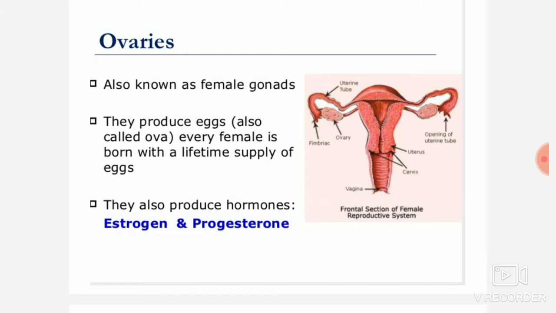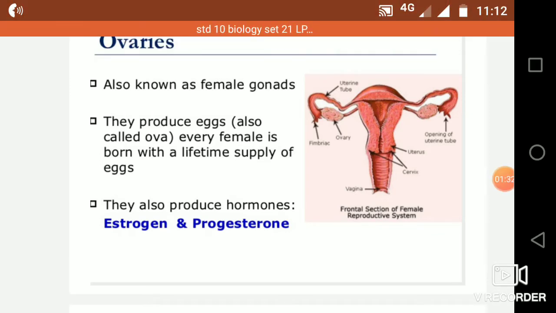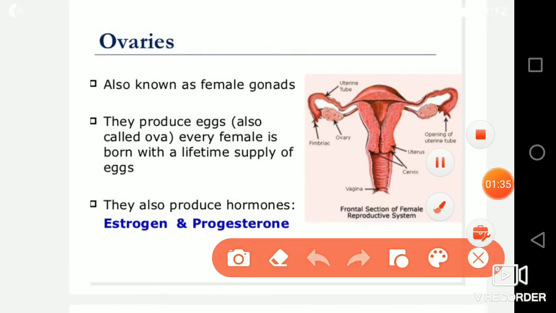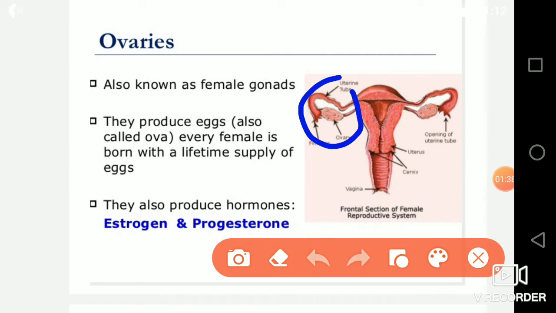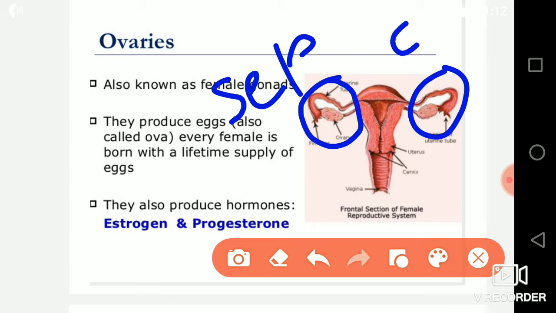During puberty the eggs get matured and are released. One egg, or ovum, is released in one month, and this is done by alternate ovaries. You can understand that if this ovary has released the egg in the month of September, then the next ovary will release the ovum in the month of October.